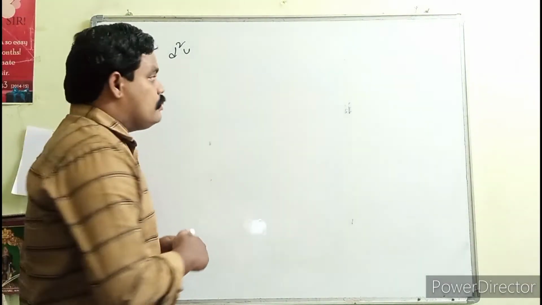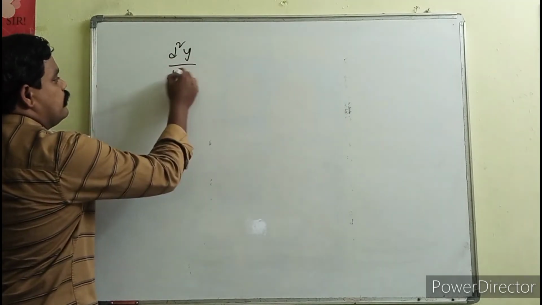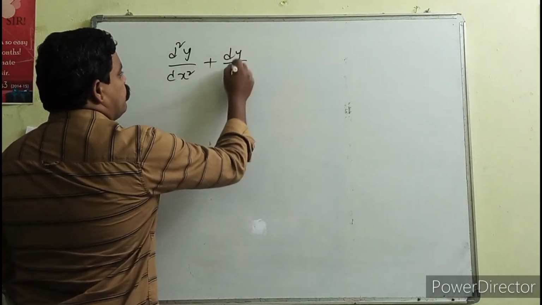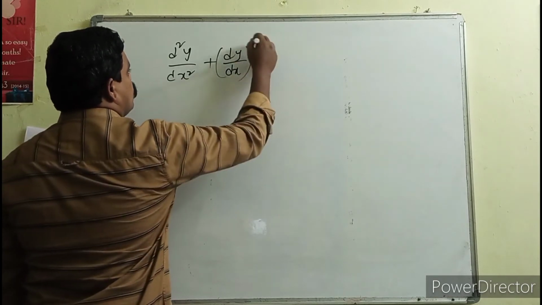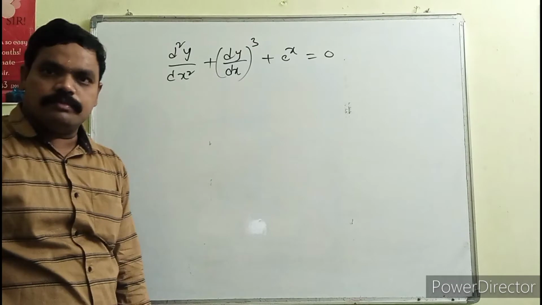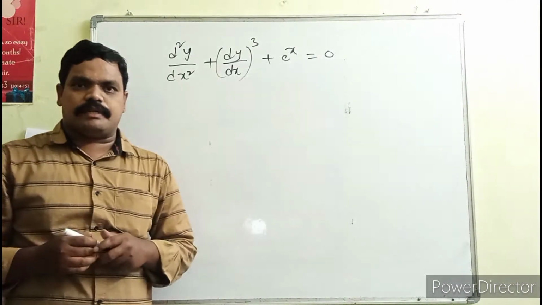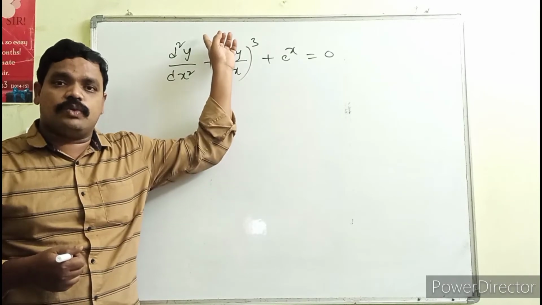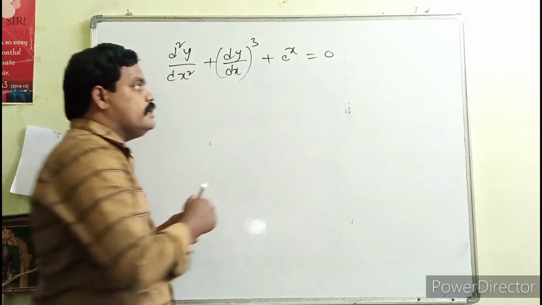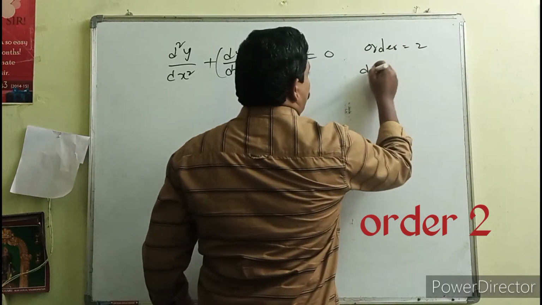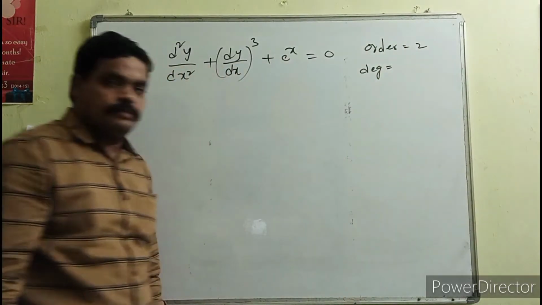Assume another example. d square y by dx square plus dy by dx whole cube plus e power x, which is equal to 0. This is also a differential equation. Differentiate y with respect to x, highest 2 times, so the order is 2. What about the degree?